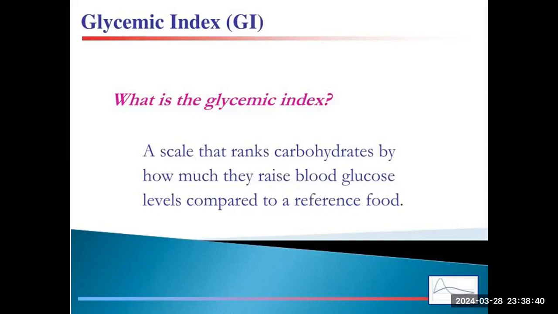That is, there is one standard food material that is considered as a reference, and whatever amount of glucose that reference produced, in comparison to that one, how much glucose is produced by the food that we are taking, that is known as the glycemic index.